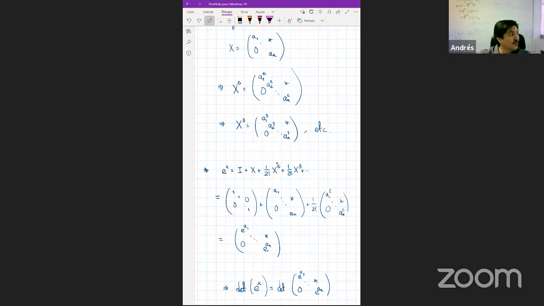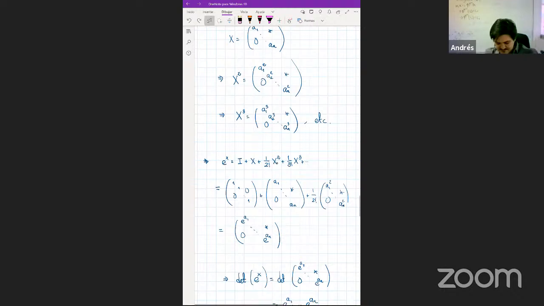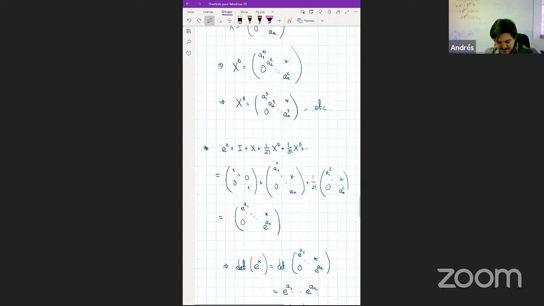And what I want to prove, the equation that we would like to prove, is the determinant of this matrix. Right? So I have this. But you know that the determinant of this matrix is just the product of the elements of the diagonal.